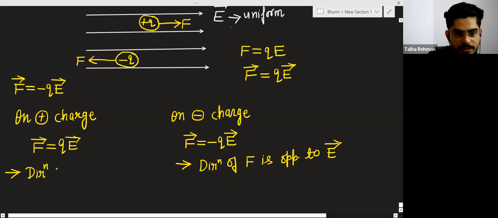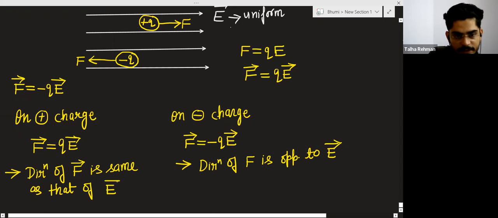This is the direction of F, F means force, is the same as that of the electric field.